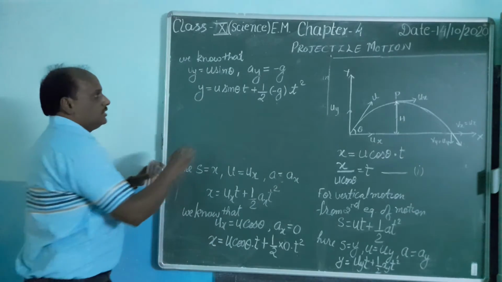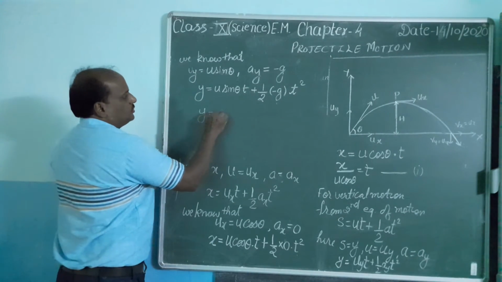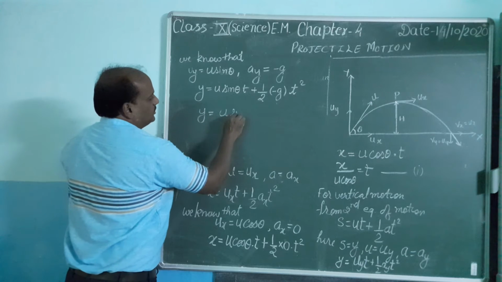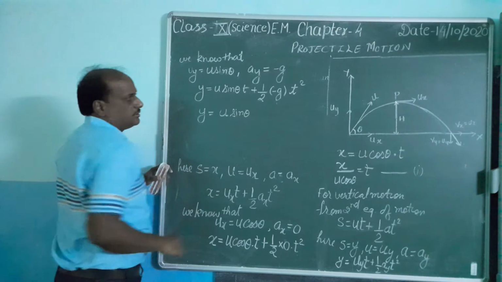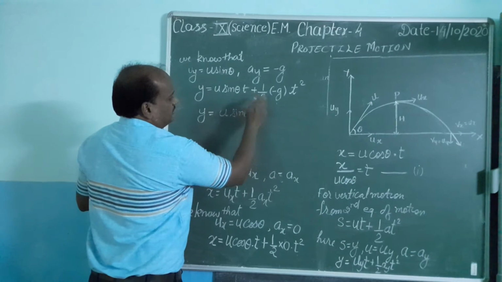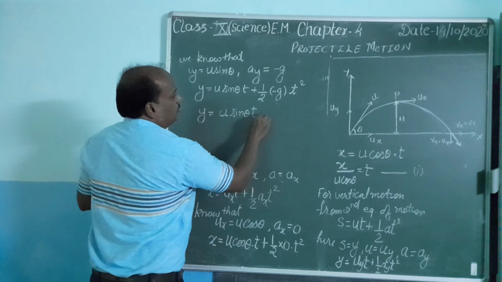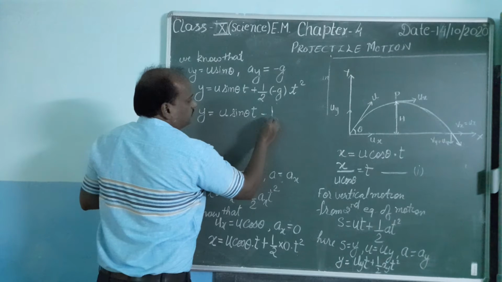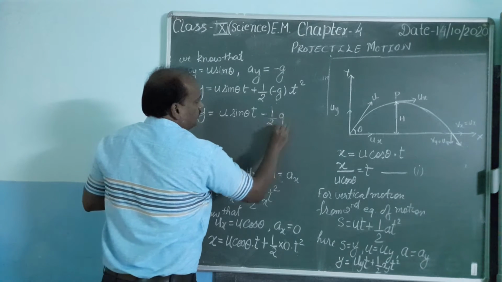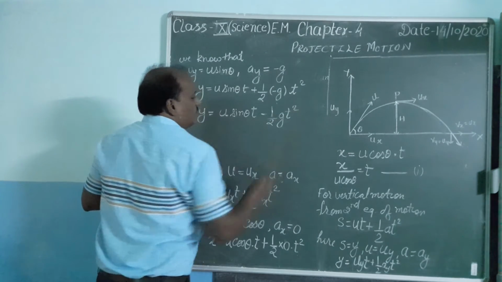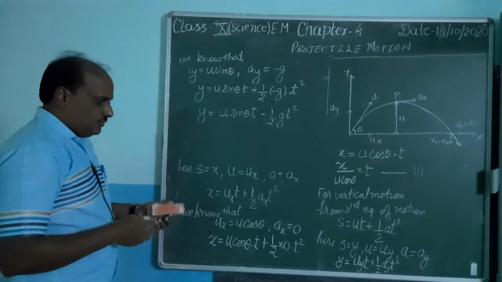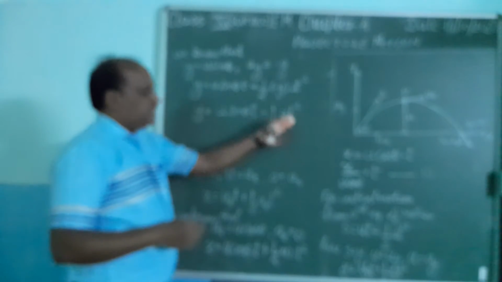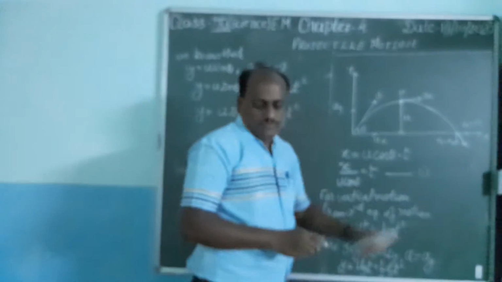So y equals u sin theta into t minus 1 by 2 g t square. Now we will substitute the value of t from equation 1.